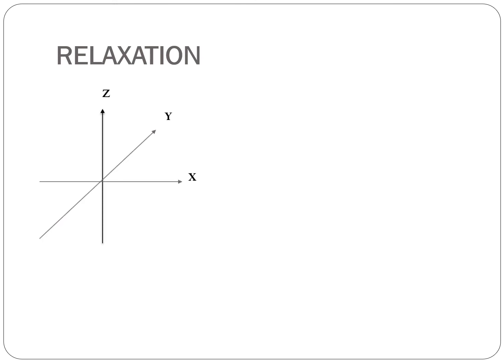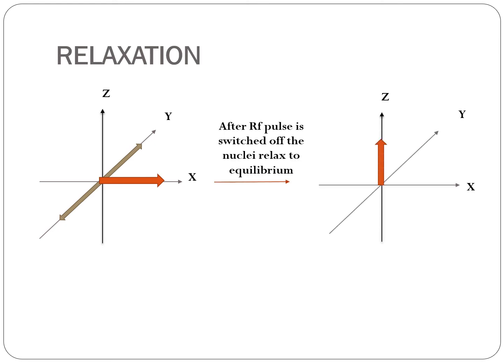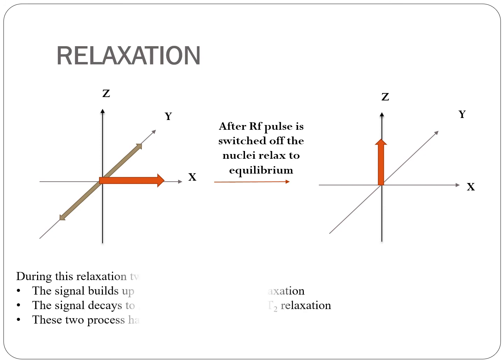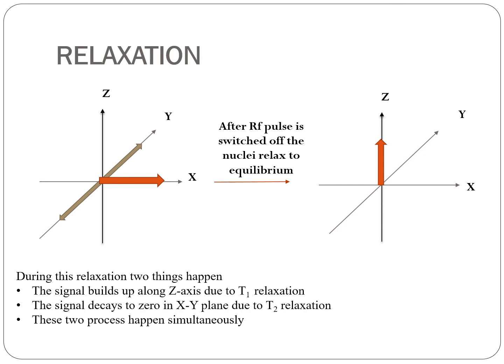So the relaxation process is of two types. What is relaxation? From x, it should reach z. Simply called relaxation. When it is excited, first it comes from the z-axis to the x-axis, and again it reaches the z-axis. That process is called the relaxation process.